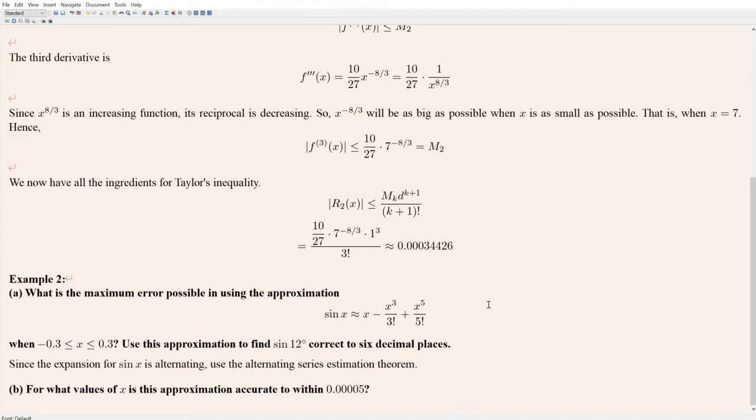In particular, the alternating series theorem tells us that if you take the first term, then the error is going to be bounded by the second term. If you take the first two terms, then the error is going to be bounded by the third term. If you take the first three terms, which is what we're doing, then the error is going to be bounded by the fourth term.